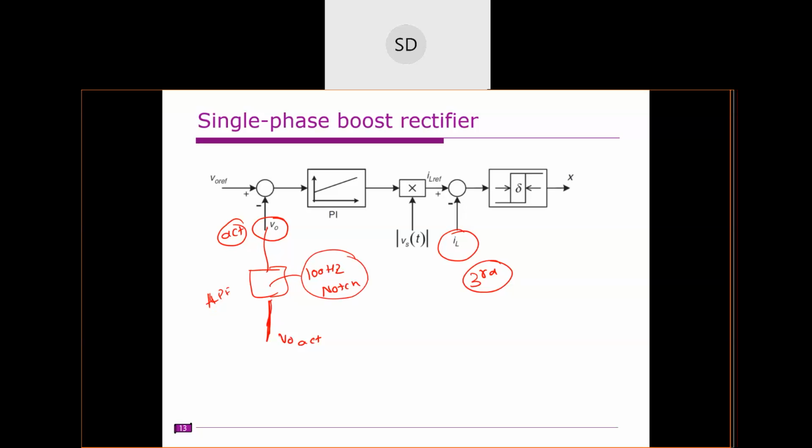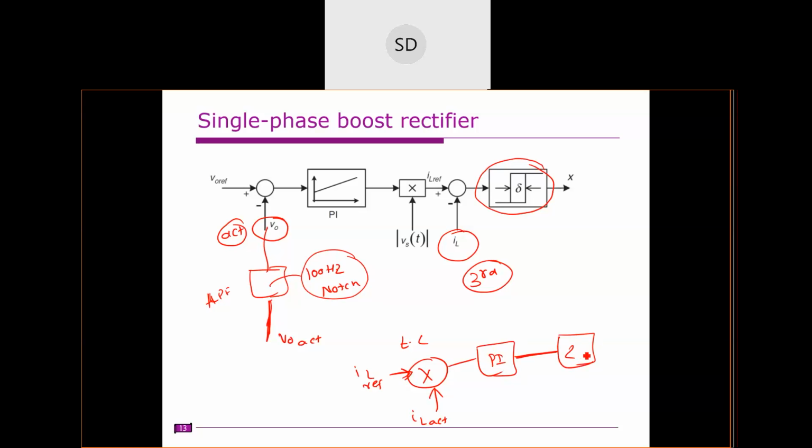Another thing is, in this case we use this hysteresis controller. We can also use a triangle carrier controller. If this is the IL reference, and we have IL actual, this is again controlled by a PI controller that will decide the modulation index.